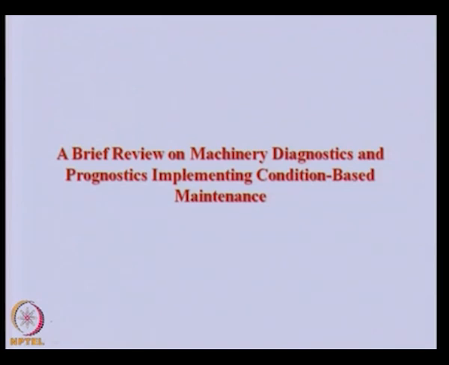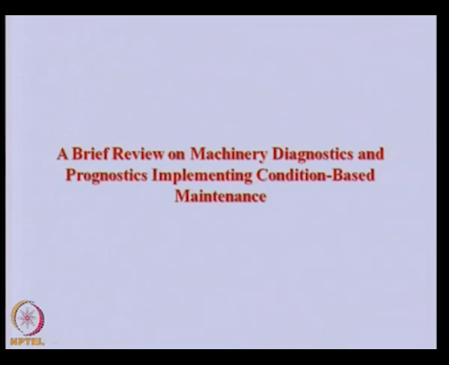So, now we will be briefly covering machinery diagnostics and prognostics for implementing condition based maintenance. Diagnostics refers to finding what kind of fault it is and what the severity of the fault is, and prognostics is whether we can have a priori some indication that the faults are impending or coming into the machine.